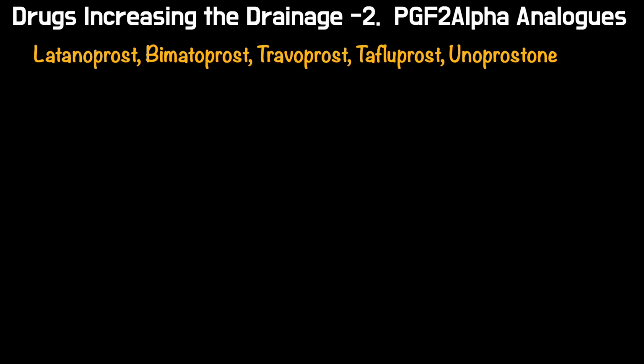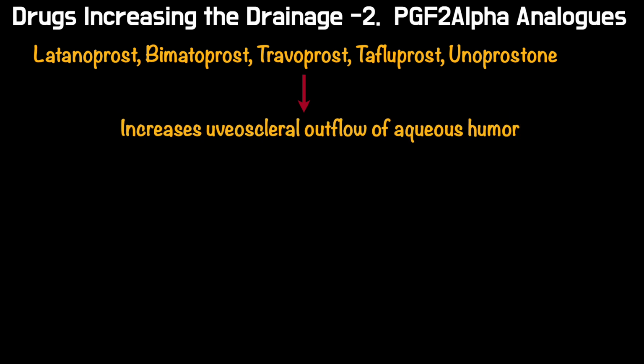The second group of drugs is PGF2 alpha, that is prostaglandin F2 alpha analogs. The drugs are latanoprost, bimatoprost, travoprost, tafluprost, and unoprostone, right? So this group of drugs are actually the drug of choice for primary open angle glaucoma, right? They increase uveoscleral outflow of the aqueous humor.